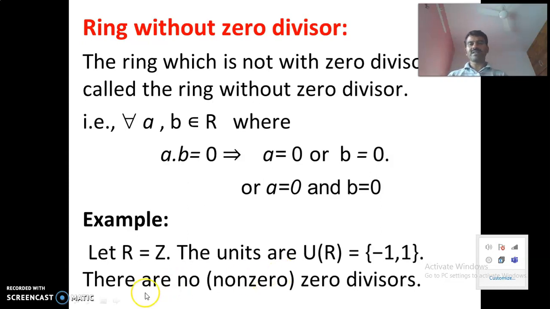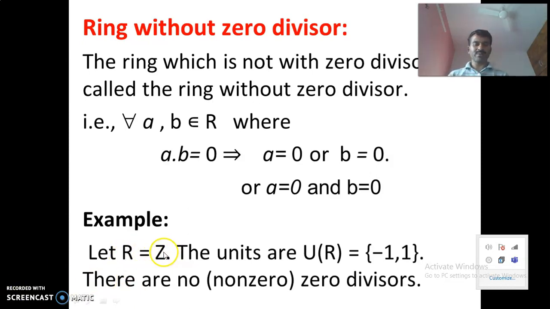That is, if you take any two elements a and b in the ring R wherein the product is 0, that implies that either a is 0 or b is 0, or both are 0. So at least one of them must be 0.